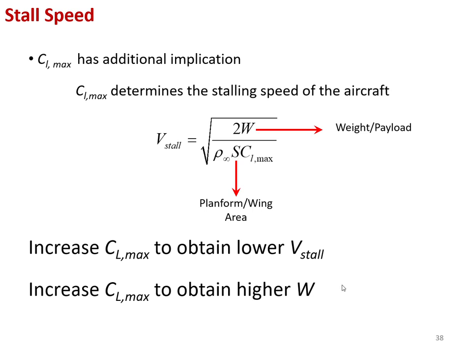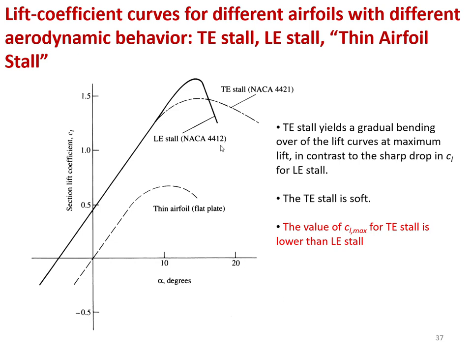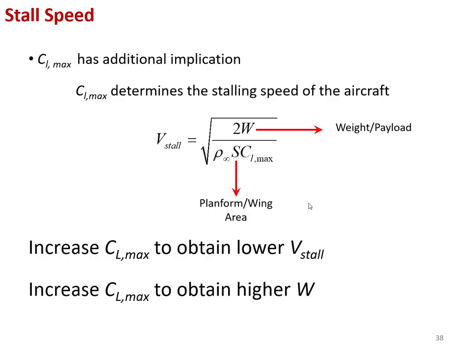And lift coefficient has to be the maximum value it can be because of the nature of the stall. So lift coefficient at the stall point is always the maximum it can be for that specific airfoil. And what the cruise flight means is that our lift force has to be equal to the weight or the payload of the aircraft.